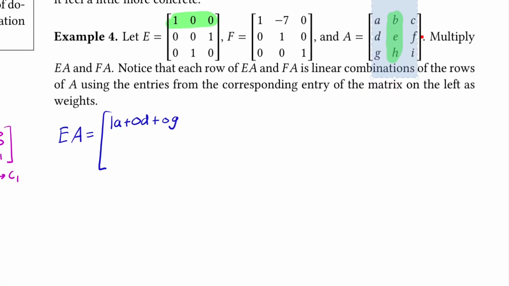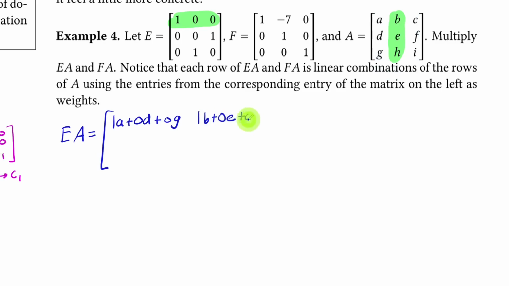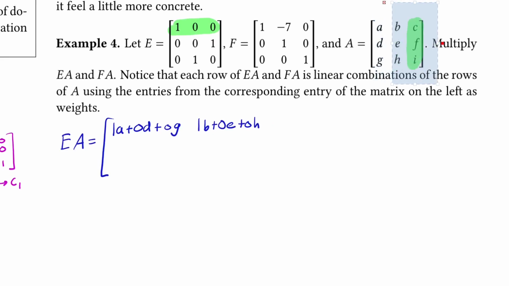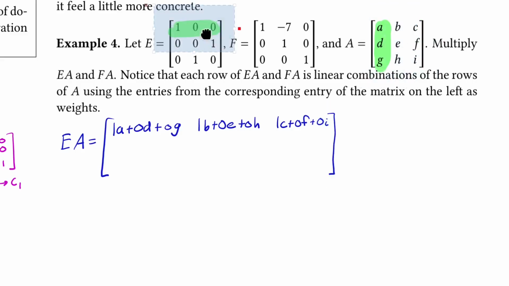This is going to be 1B plus 0E plus 0H, which is, of course, just going to come out to be 1B. So it's not changing that. And here we're doing 1C plus 0F plus 0I. And let's just continue that for the rest of this matrix.